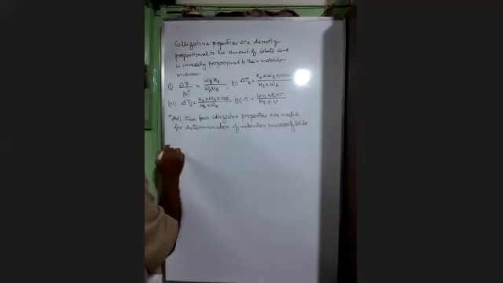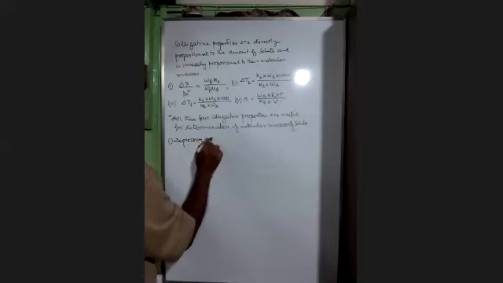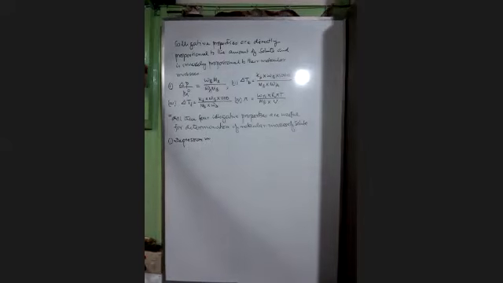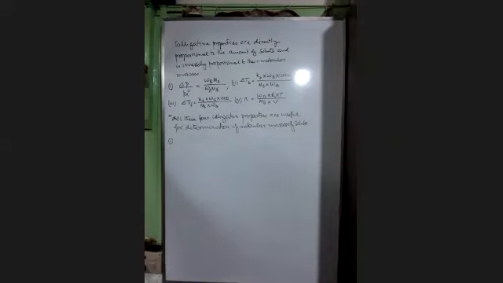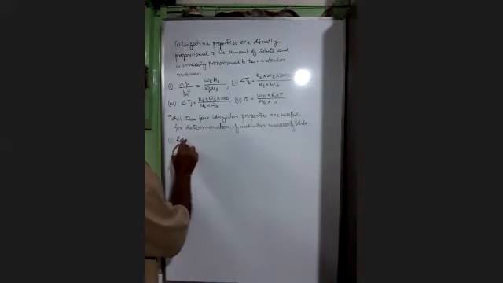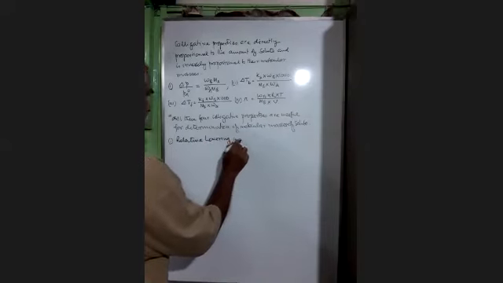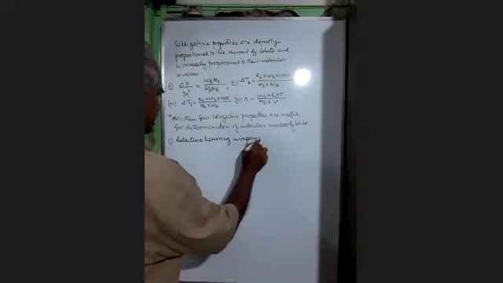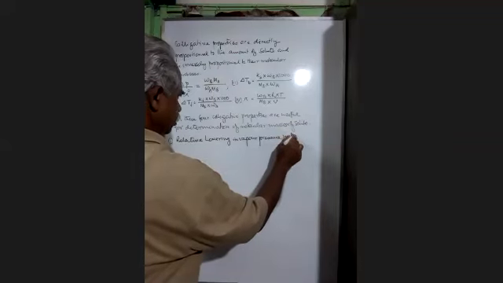You can go for this one. One, relative lowering in vapor pressure, because we are going to find it, so we will do here the method.